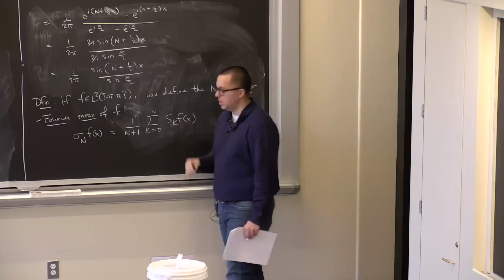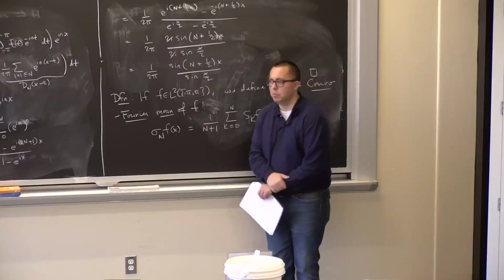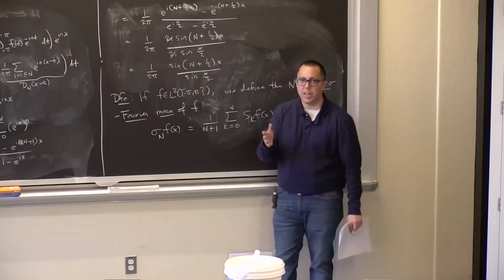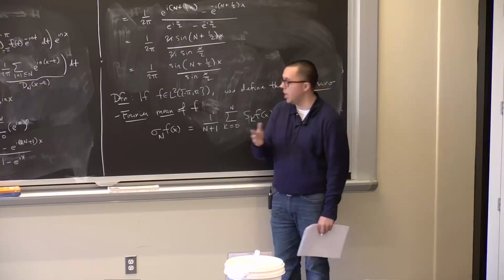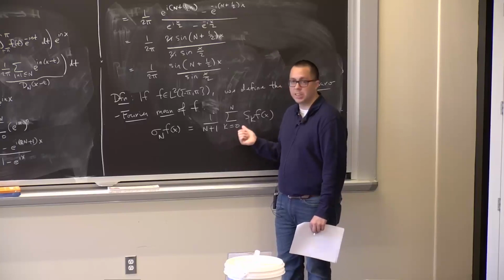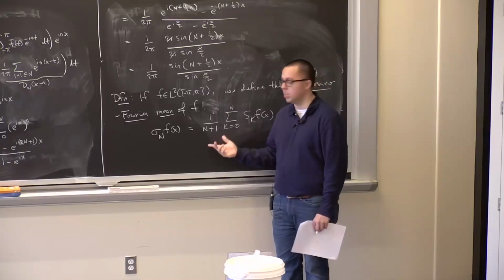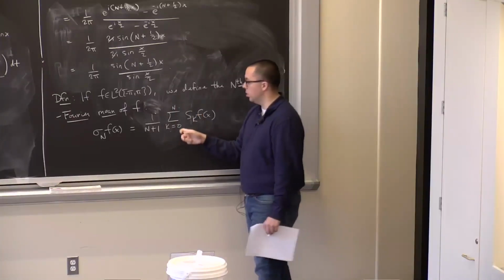Remember, if you look back to 18100, if you have a sequence of real numbers which converges, you can define a Cesaro mean of that by averaging the first n terms, just like we did here. There's an n plus 1 here because we're starting at 0 and going up to n rather than from 1 to n.